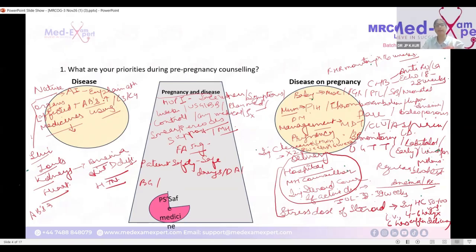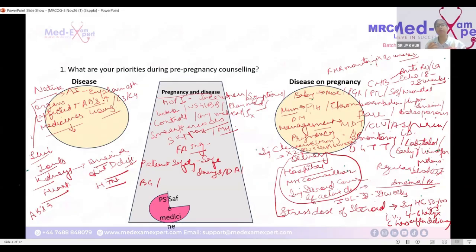In your priorities, this is a quick summary. For the delivery, we will make a delivery plan during the antenatal period only, and we will make sure that she delivers in the hospital. A team is there. Because she is already on steroid, in labor she will be needing a stress dose of steroid.